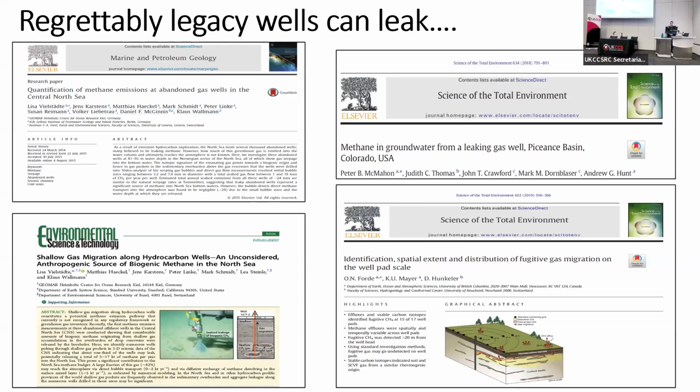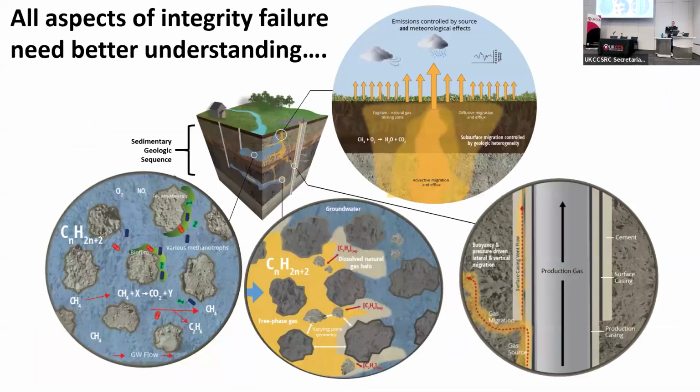Just to jump straight to the point, legacy wells do, in certain situations, suffer integrity failure and leak. There are lots of documented cases around the world, particularly in North America, particularly onshore, but also offshore, so we can say that this can happen, and we need to understand it a bit more and look at what it means and how to manage it.